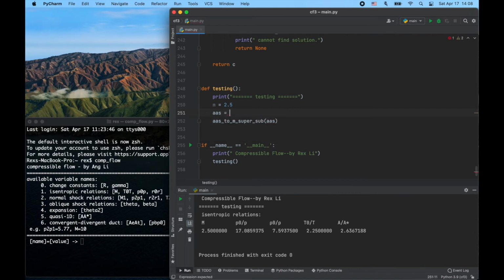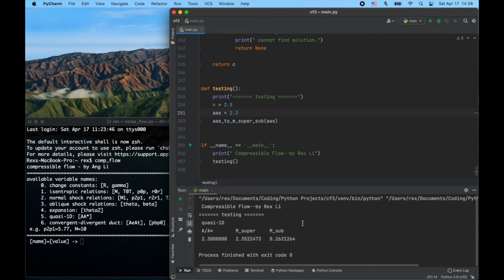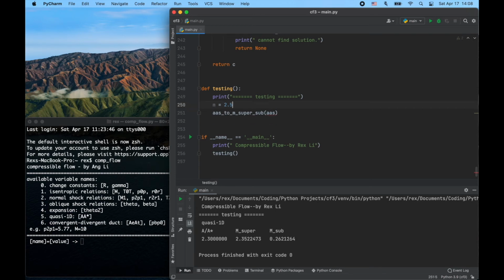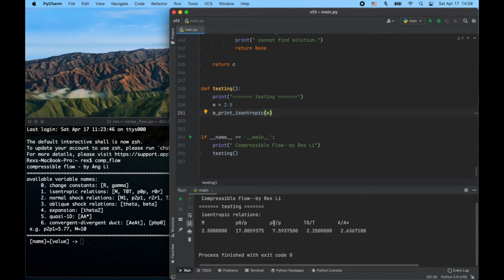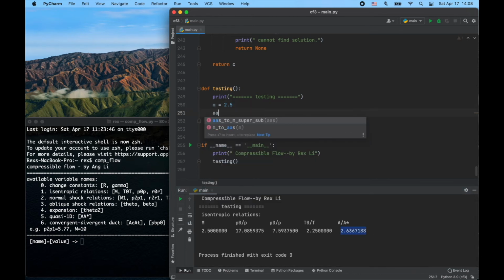Actually, let's try this value for A/A star. This should give us back the Mach number to be 2.5. So, yep, 2.5, which is the supersonic solution. The other one is the subsonic solution. All right.